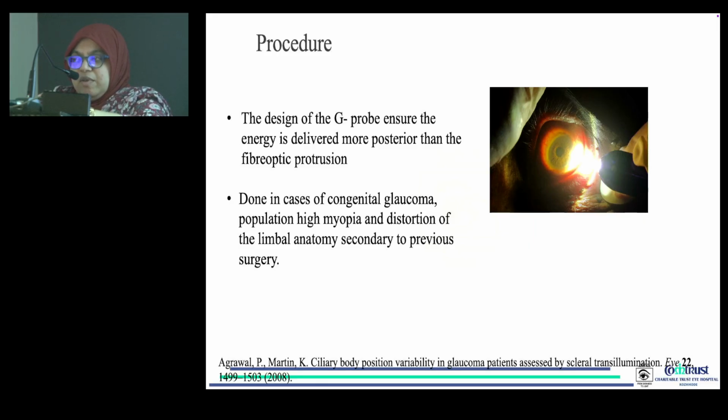You can either use microscope retroillumination, or you can use a torchlight and shine 4 millimeter away from the corneoscleral limbus, and you can see a darkened area. This gives the position of the ciliary body, and here you can place the probe.